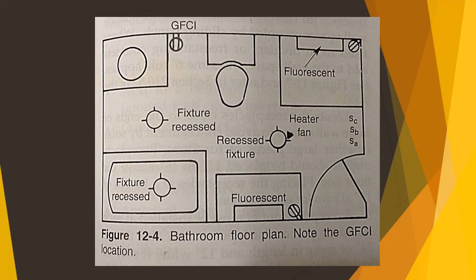Each vanity is equipped with a soffit type fluorescent light to eliminate mirror shadows and a GFCI receptacle for shaving and hair blow drying. In addition, recessed lighting fixtures are installed in certain locations to ensure adequate lighting throughout the bathroom. The heater fan light device is another convenient, efficient, and practical item worth consideration.